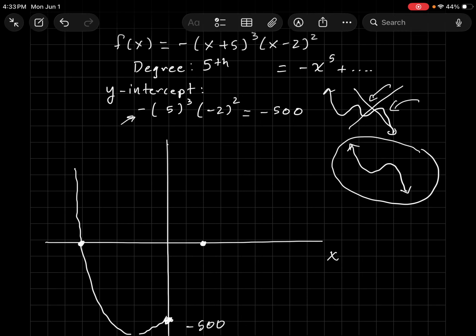I'm not worried about that. I could determine that if I needed to, but that's not the point of this. We're just trying to get a rough shape. And now I go back up to my next zero, which is 2, but since it's squared, I know it's going to bounce off the axis. And I can get a pretty good shape, a decent enough shape for me, for the graph f of x.